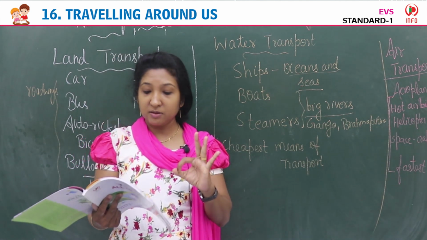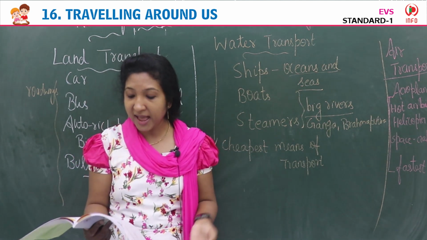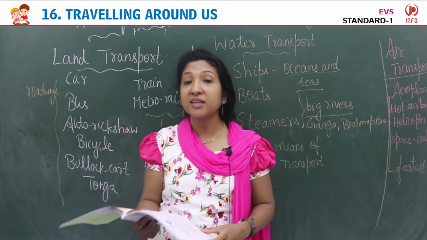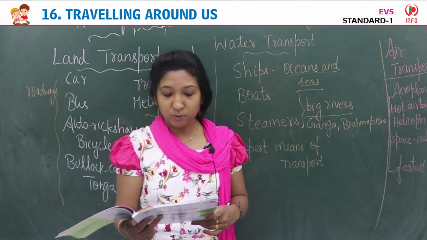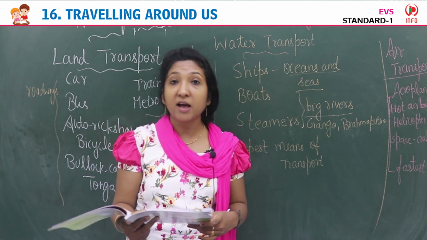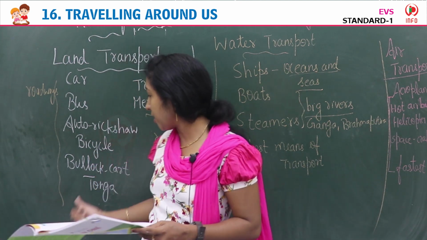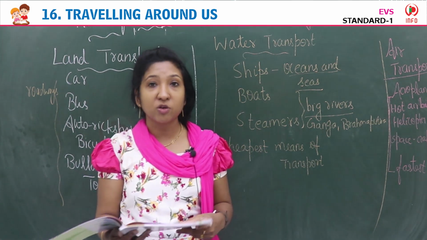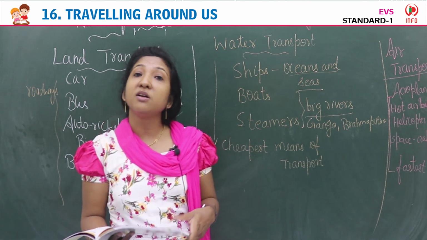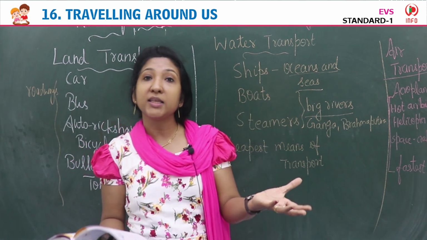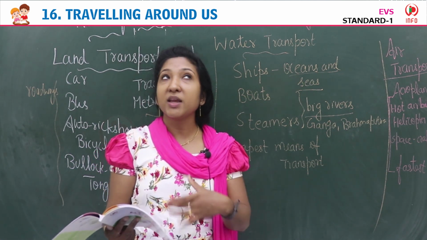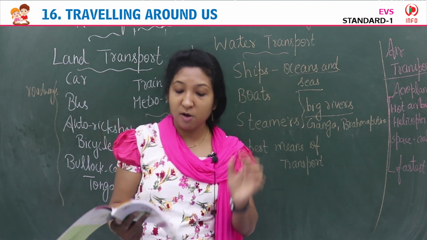There are three means of transport: the landways, waterways and the airways. In villages, people usually travel by bullock carts and tongas. Air transport has made the entire world very small. We can travel to another country using air transport, right? So that means air transport has made the entire world very small.